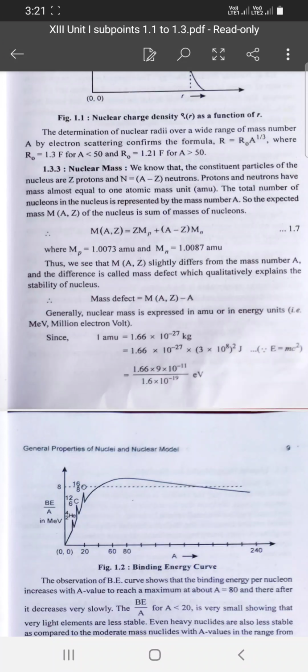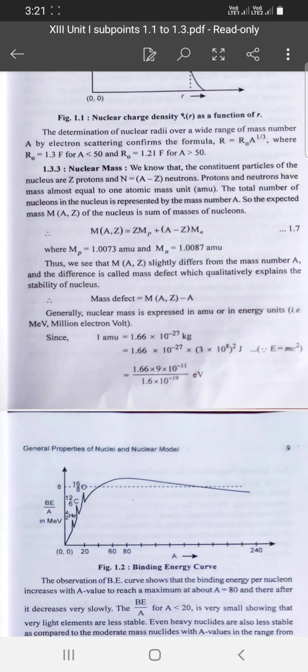This slightly differs from the mass number A, and the difference is called the mass defect, which qualitatively explains the stability of the nucleus. Mass defect = M(A, Z) minus A.